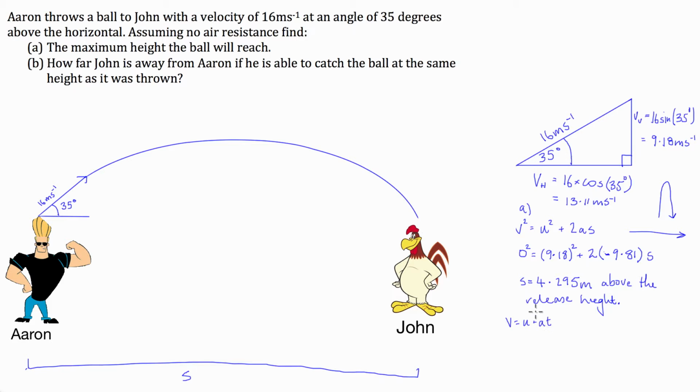So we're going to just sub in our numbers. So 0 is equal to 9.18 plus negative 9.8, because it's in the opposite direction, times time.